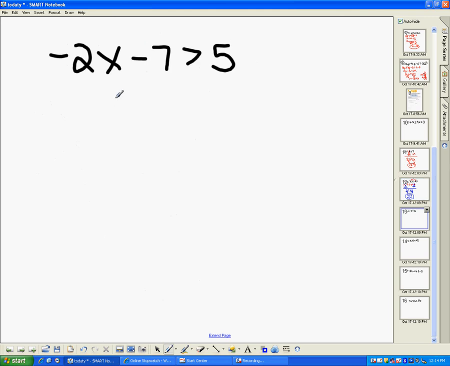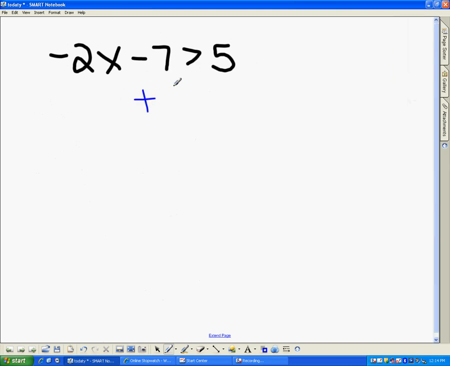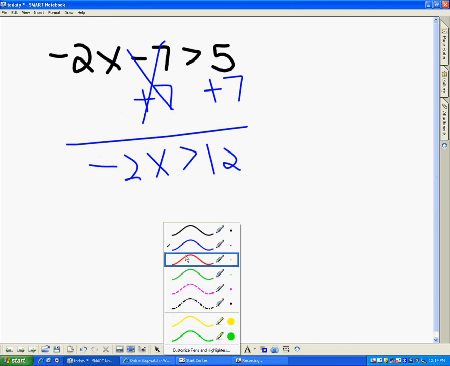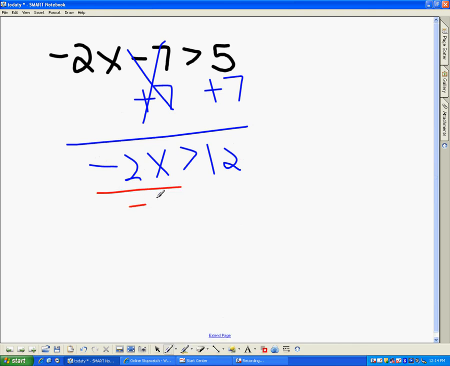All right, now we have negative 2x minus 7 is greater than 5. So we're going to add 7 to both sides. So this leaves us with negative 2x on the left is greater than 5 plus 7, which is 12. Next, I'm going to divide both sides by negative 2.